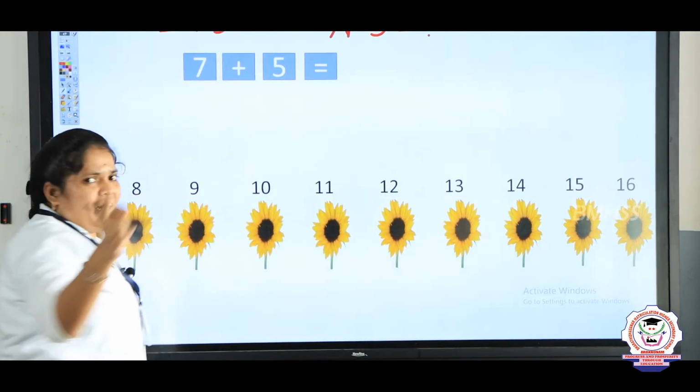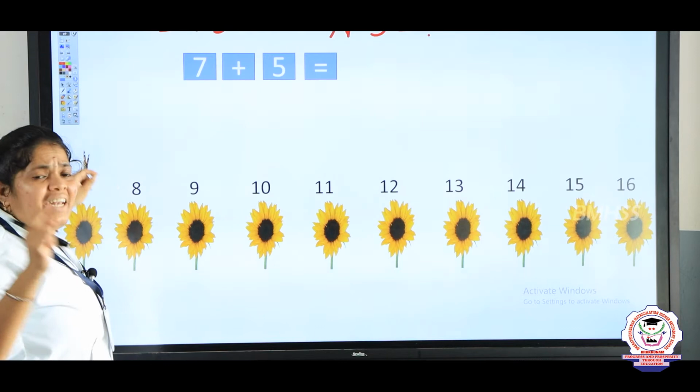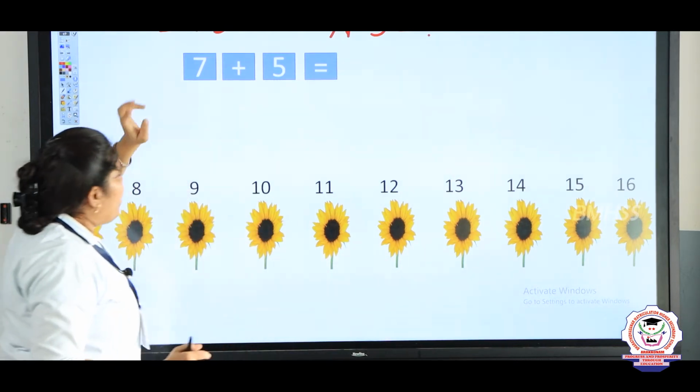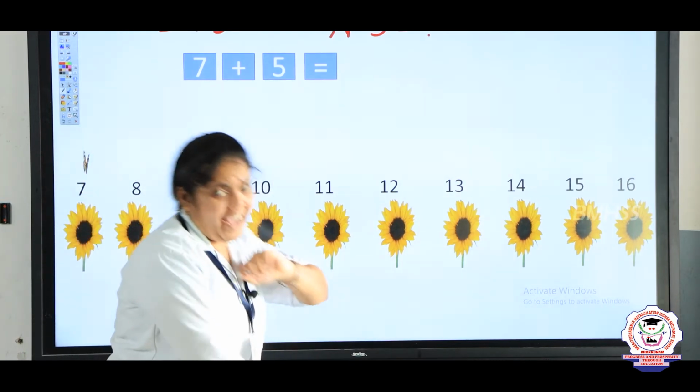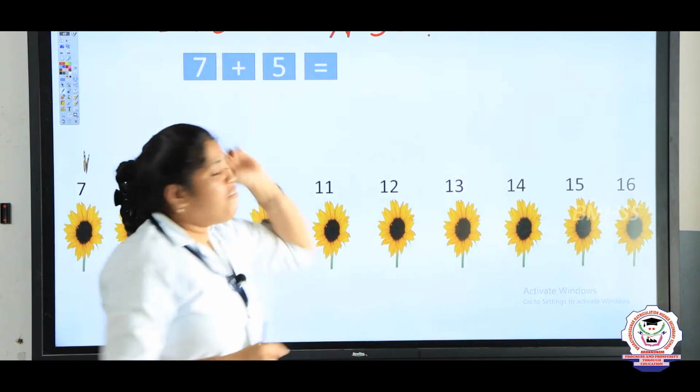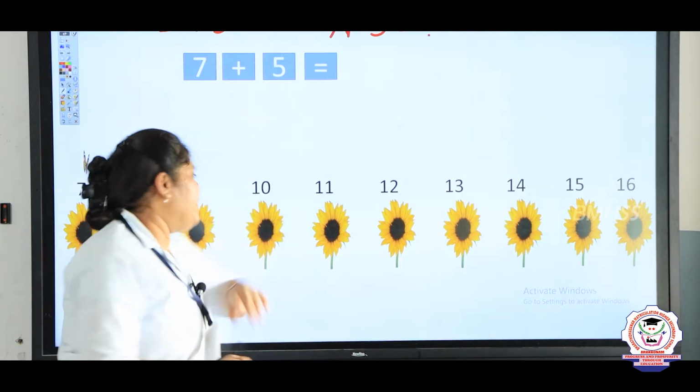So, on the number line, we keep the butterfly on number 7. This is your addend 1 here. Addend 2 is number 5. Now, the butterfly needs to jump 5 times. How many times? 5 times.